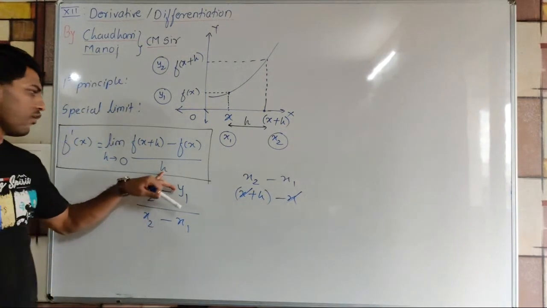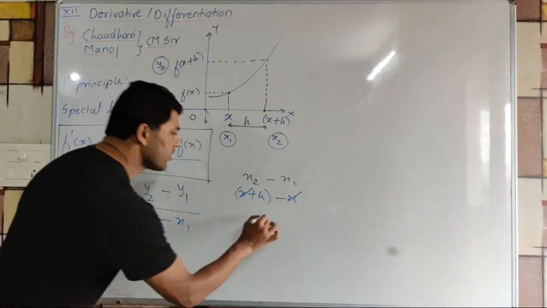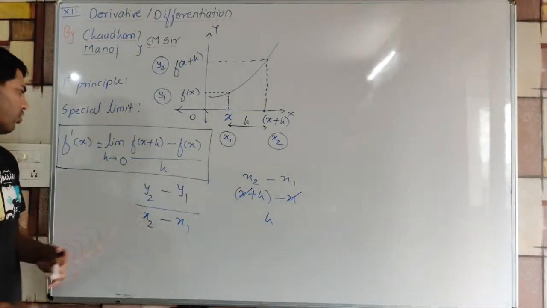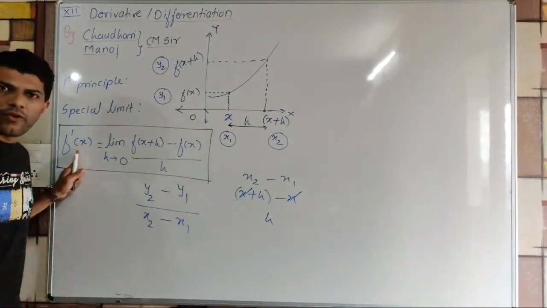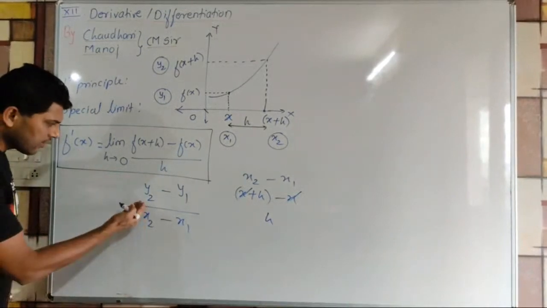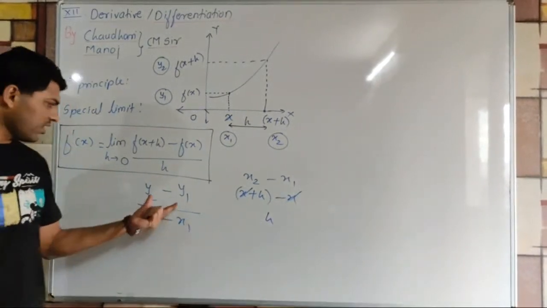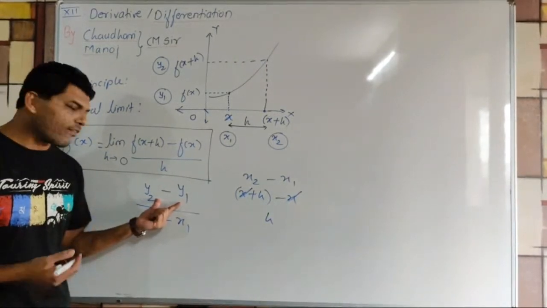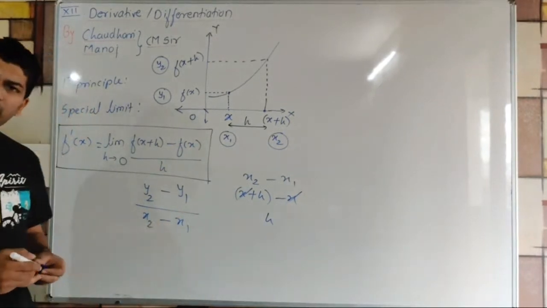So this h present in the denominator is nothing but the subtraction x2 minus x1. So technically, in general, what is a derivative? Derivative is some difference of y divided by difference of x. This y2 minus y1 is the difference of y values, and this x2 minus x1 is the difference in x values.